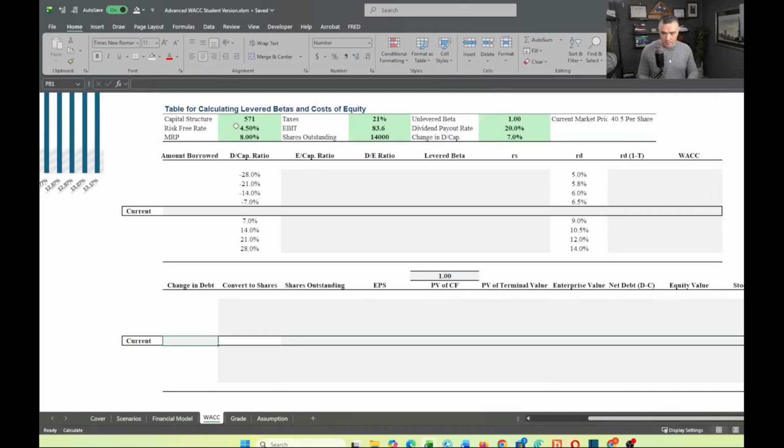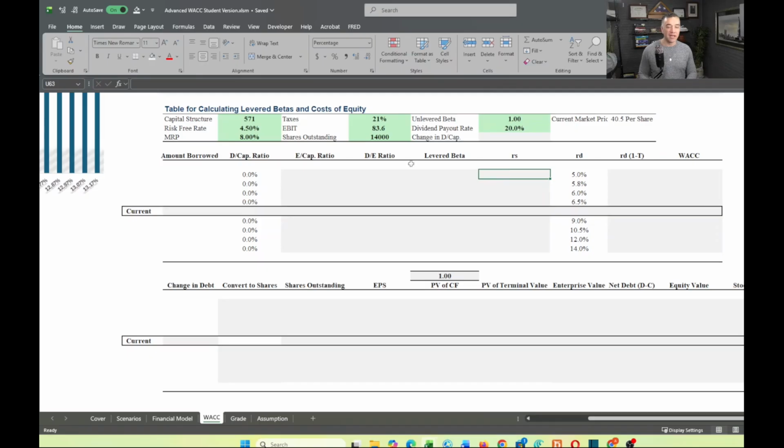And here, the values I wanted to bring in were the capital structure, which is how large the business is, the risk-free rate assumption, the market risk premium, the corporate tax rate, our EBIT for the first projected year, the current shares outstanding, and an unlevered beta, which is the beta that represents if you have zero debt, no debt at all. As you increase debt, it becomes more risky. Our beta becomes more risky, which means we can make more money and we can lose more money.